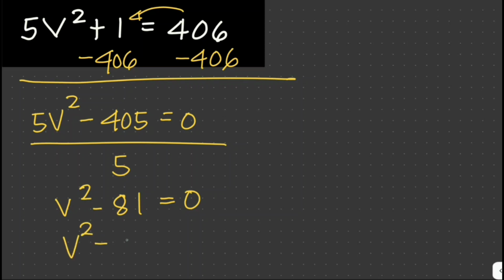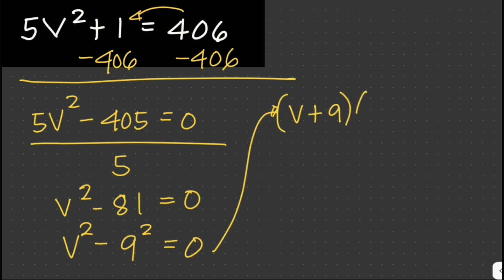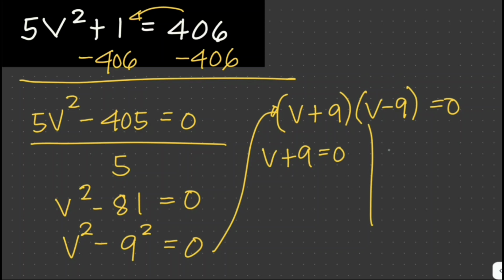Now we have the difference of two squares because 81 is a perfect square. We can write 81 as 9 squared. Then we can write v squared minus 9 squared as v plus 9 times v minus 9 equals 0. And then we can equate each factor to 0 to solve for v.